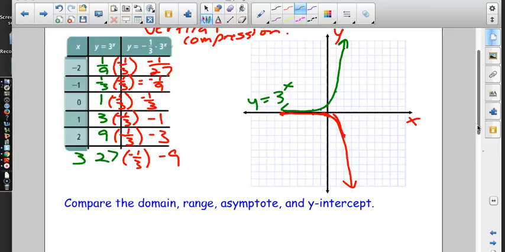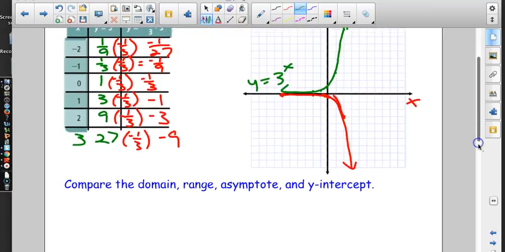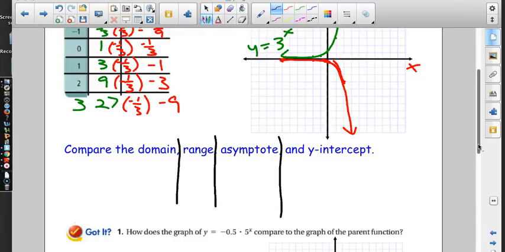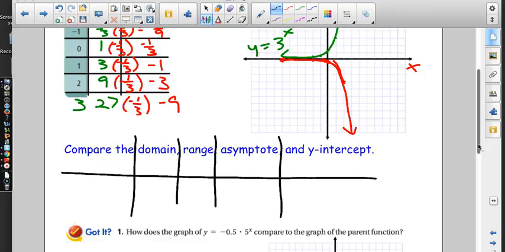So now what we're going to do is make a table out of this wonderful stuff down here. And we're going to take a look at our domain, our range, asymptote, and y-intercept of the green one. And then of the red one.